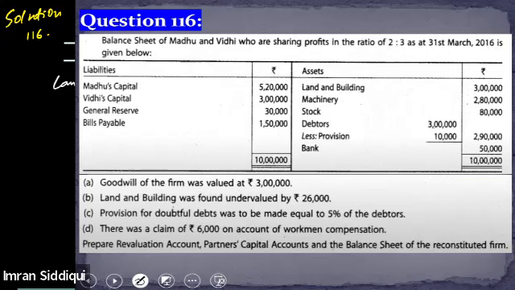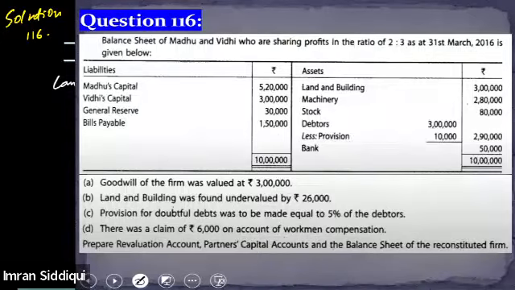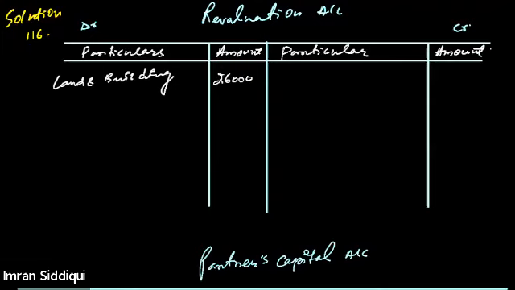That is what undervaluation means. Whenever there is a reduction in the value of an asset, we record it on the debit side of the revaluation account. So land and building is recorded on the debit side, 26,000. Is that clear now?